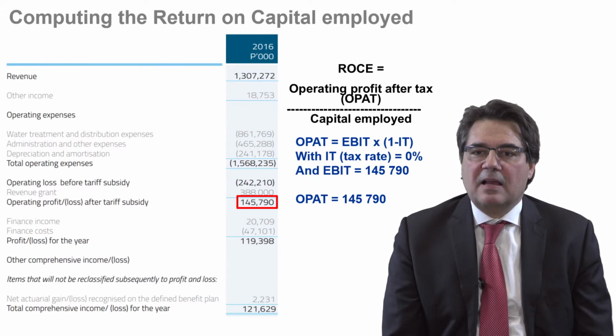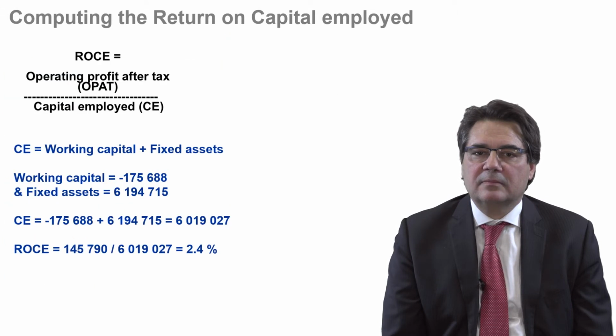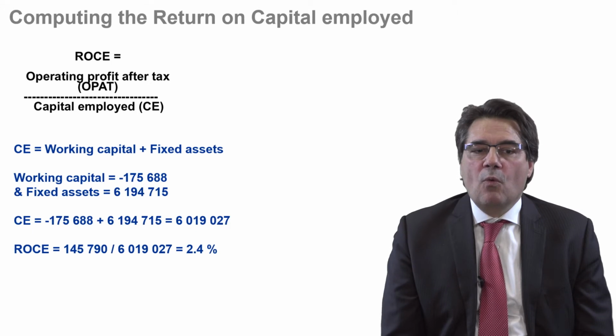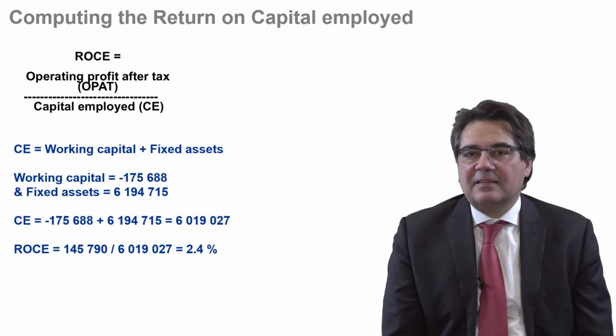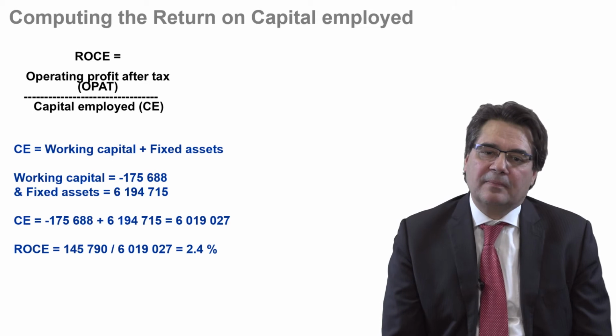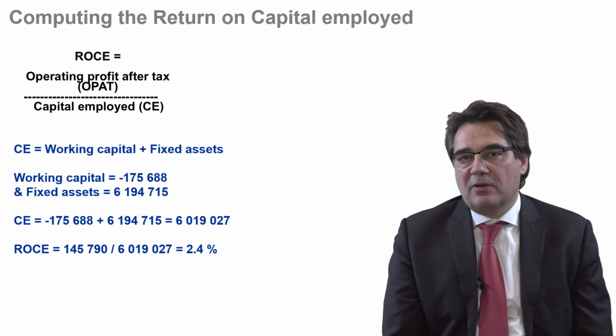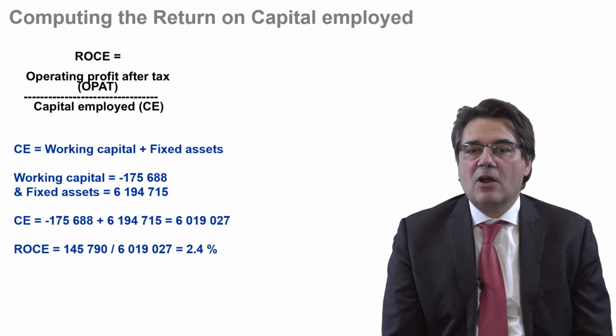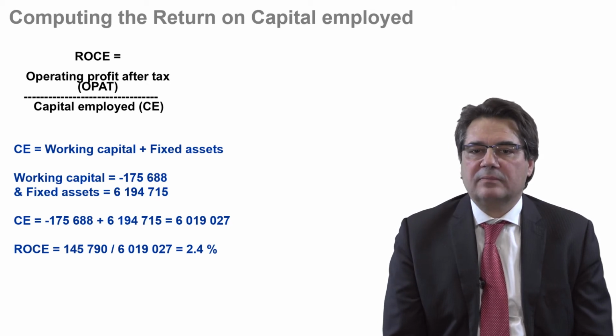So EBIT after tax divided by capital employed. Working capital plus fixed assets is named capital employed. We have already explained how to compute working capital and fixed assets in a previous video. The return on capital employed for 2016 accounts for 2.4%.